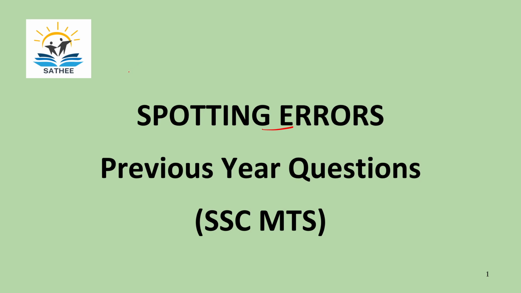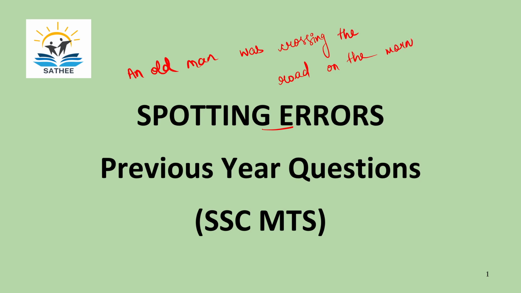For example, a sentence is given to us: an old man was crossing the road on the morning.